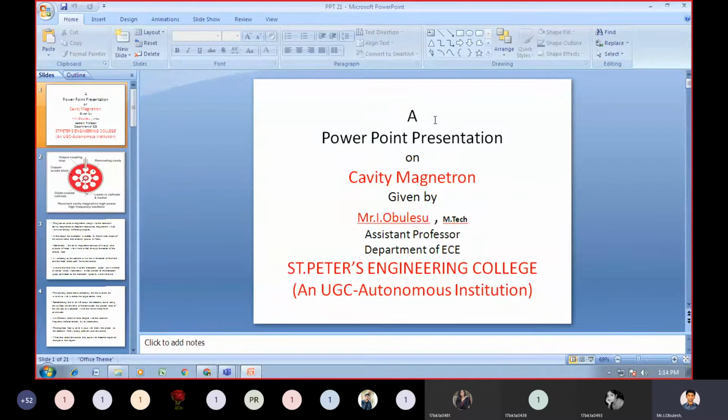In this design, the oscillation is created by the physical shape of the anode rather than external circuits or fields.